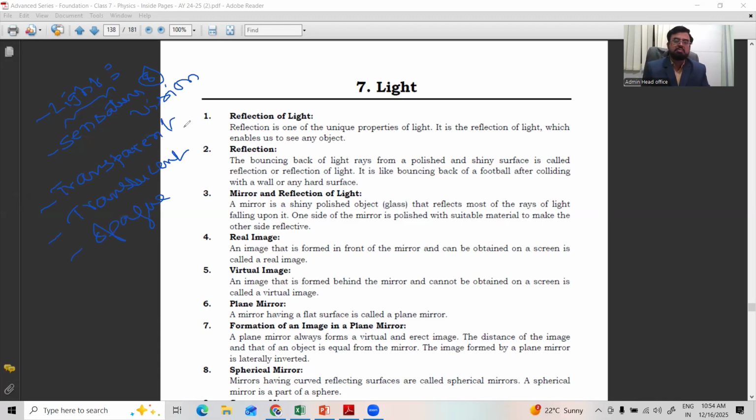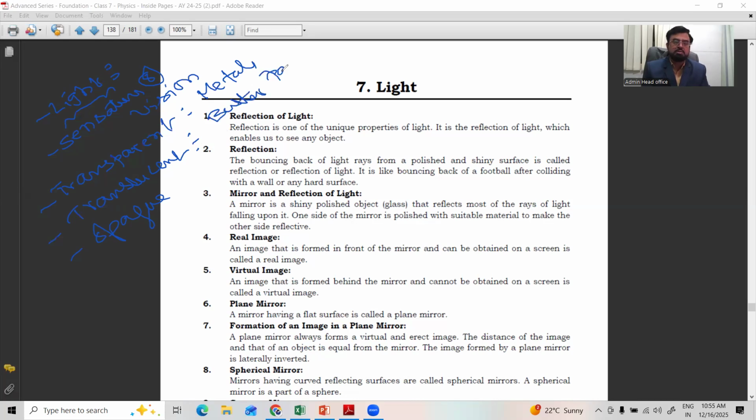The materials which allow light to completely pass through them are called transparent substances, like glass. The substances which partially allow light to pass through them are called translucent, like butter paper and oil paper.